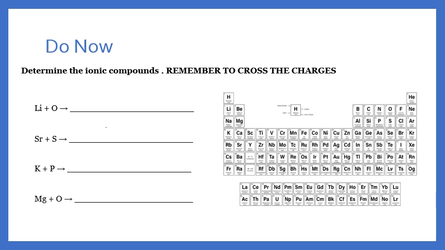So determine the ionic compound. Remember to cross the charges. So we're going to combine lithium plus oxygen. Lithium is over here. Lithium has a +1 charge because it has one valence electron, and oxygen takes a -2 charge because it needs two more, 1, 2, to make a full octet.